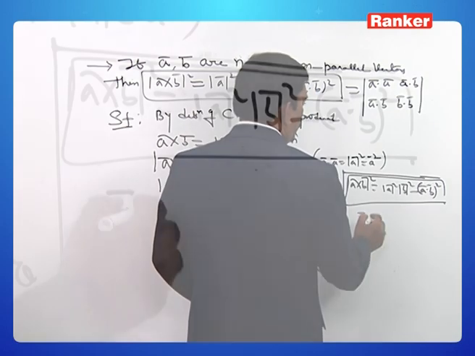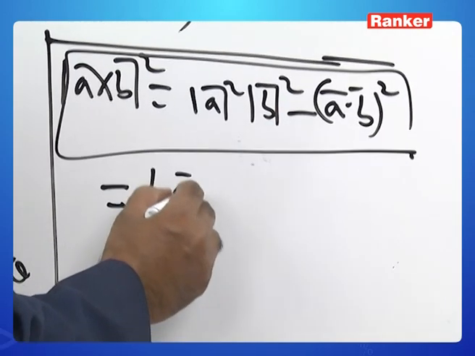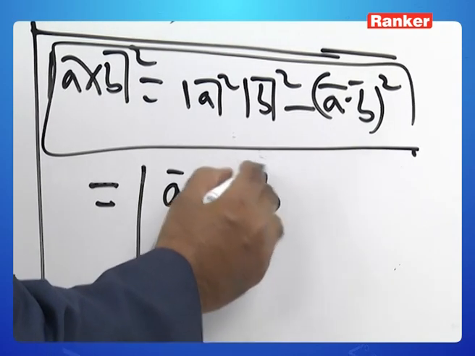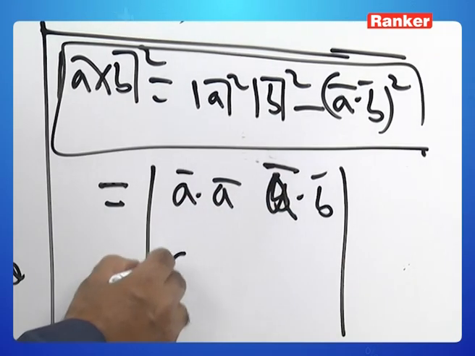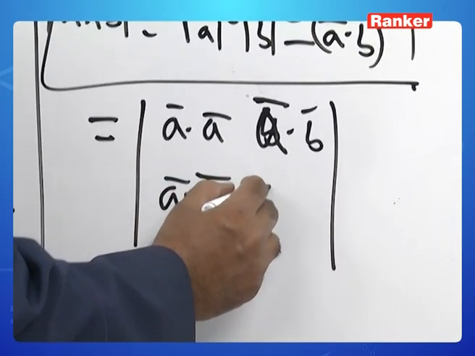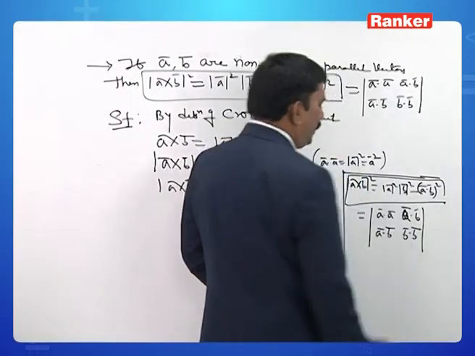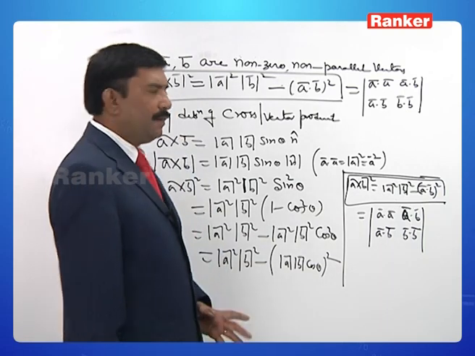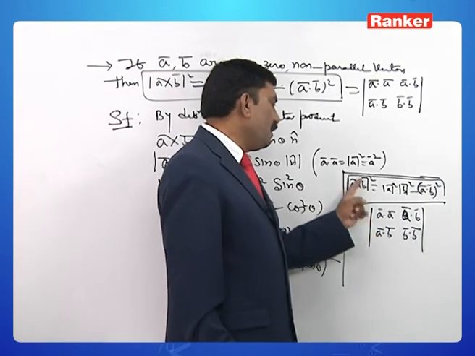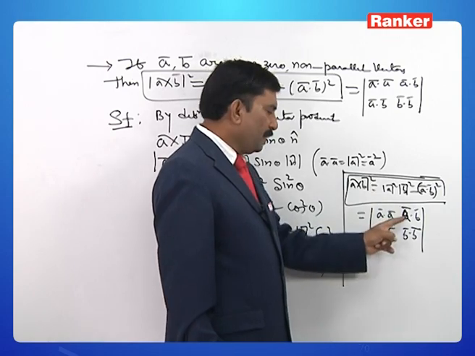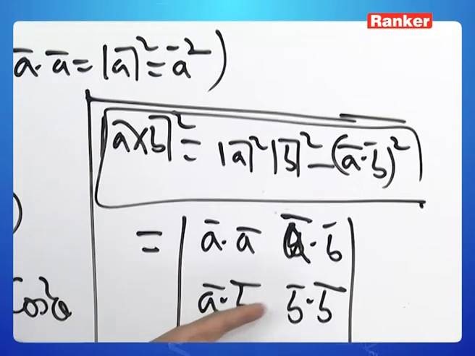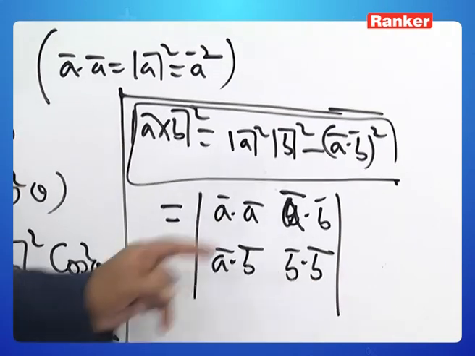Now this is nothing but A bar dot A bar, A bar dot B bar, next A bar dot B bar, B bar dot B bar. What is A dot A according to this? Mod A whole square. This is A dot B, this is A dot B, this is mod B whole square. If you want, you can expand it.